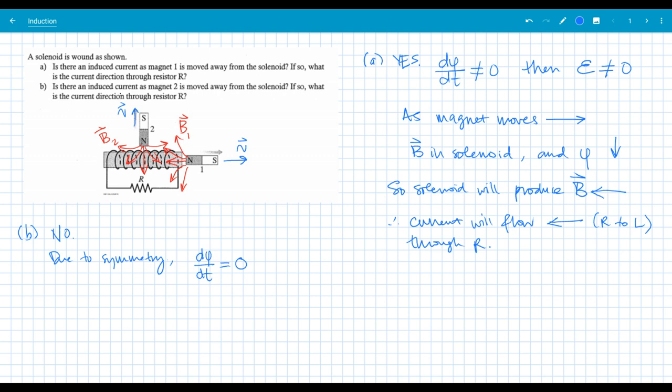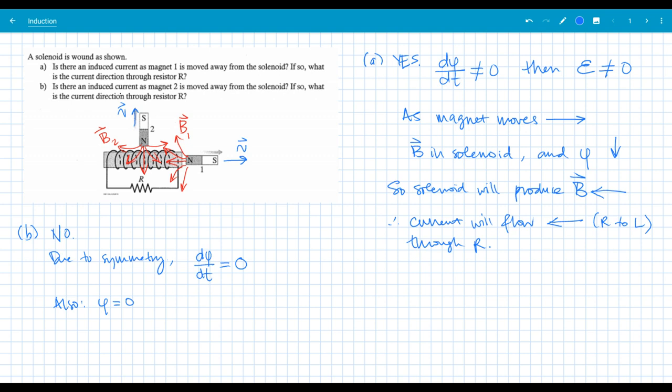Furthermore, if I look at the total flux through the area of my solenoid for magnet 2, the flux itself is equal to 0. You might say, what about those curved field lines?